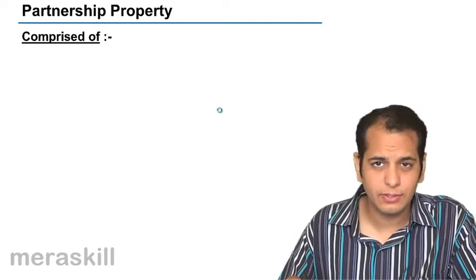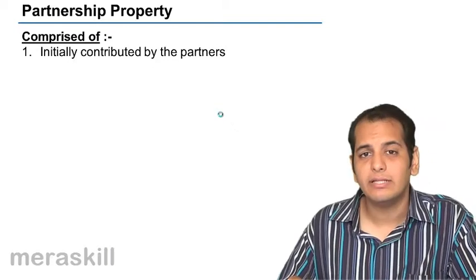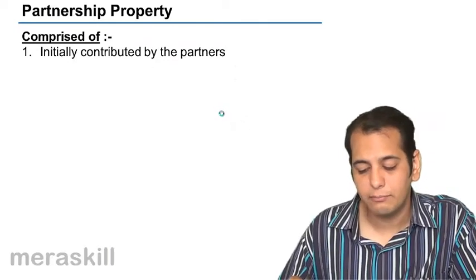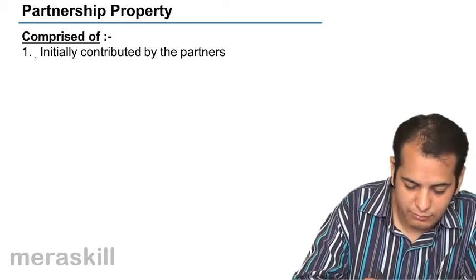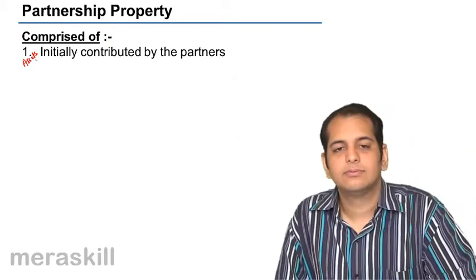Partnership property is comprised of, first, any money, any assets initially contributed by the partners. Important word here is assets.